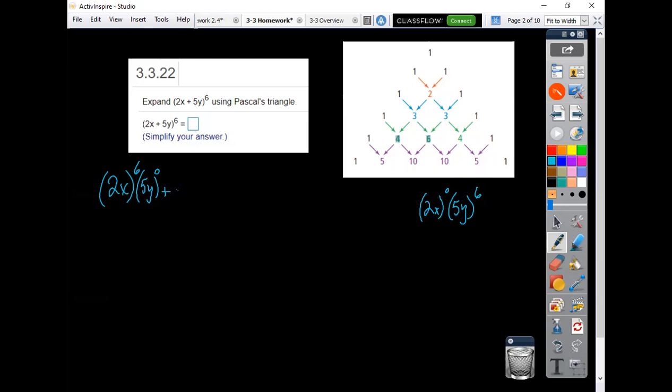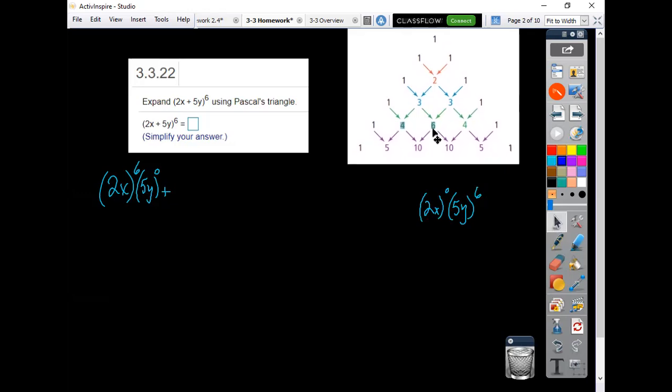But then in addition to it, we've got to go one level lower over here in our Pascal's triangle. So we're going to have a 1 there, a 6, a 15, a 20, a 15, a 6, and a 1.